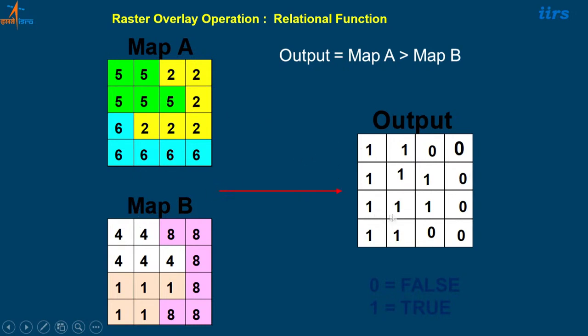Wherever the pixel value of map A is greater than the pixel value of map B, we get 1, whereas the other part is 0. For example, 5 is greater than this 4, so it is 1. Whereas if you go to 6, and at the bottom I have 8, 6 is obviously less than 8, so it is 0 over here.